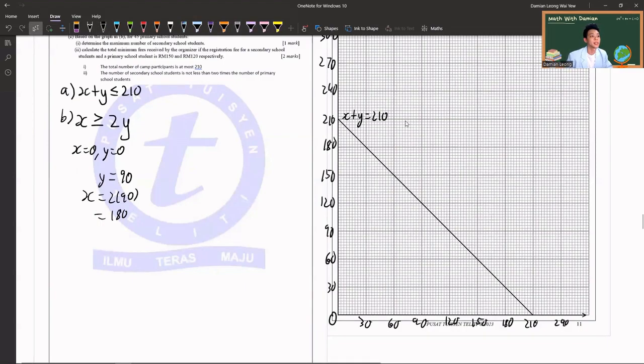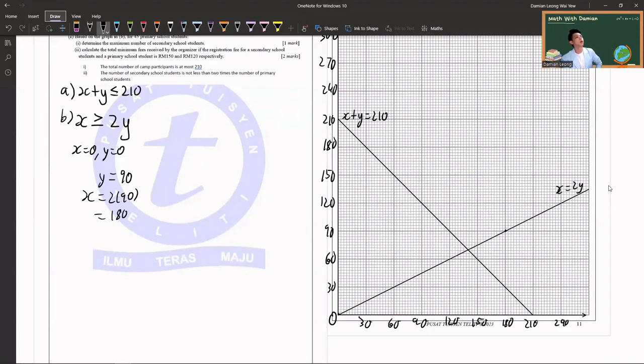So when x is 180, y is 90 here. And when x is 0, y is 0, will be this point. So I just connect the 2 points using a straight line. That's how we draw straight lines from the equation. So this is x equals to 2y.